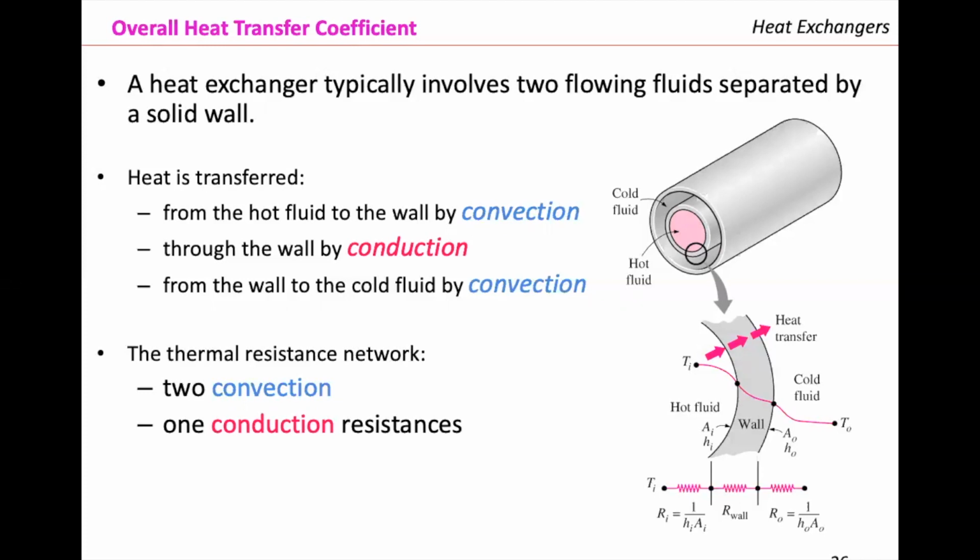We have a fluid. Through the wall by conduction, it is a solid. From the wall to the cold fluid by convection, because we have again a fluid involved. So how many resistances is our network going to have? 3, right? 2 convective and 1 conductive. 1, 2, 3, right?